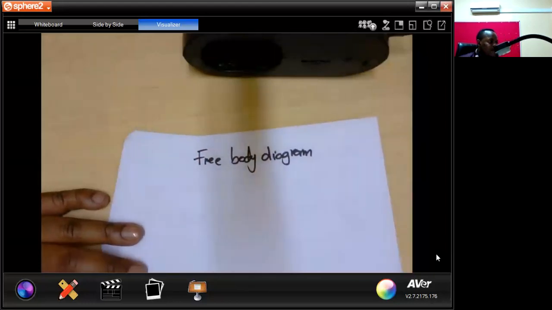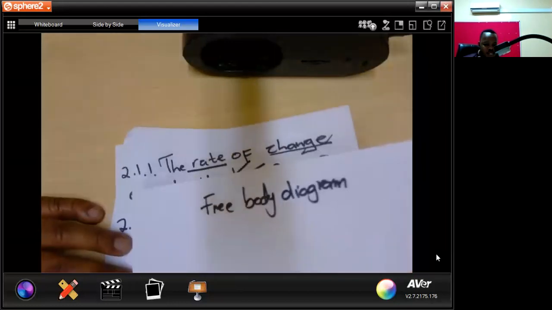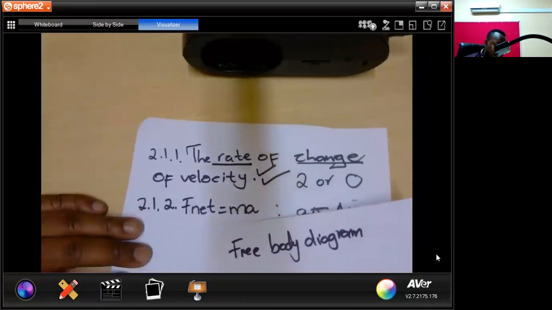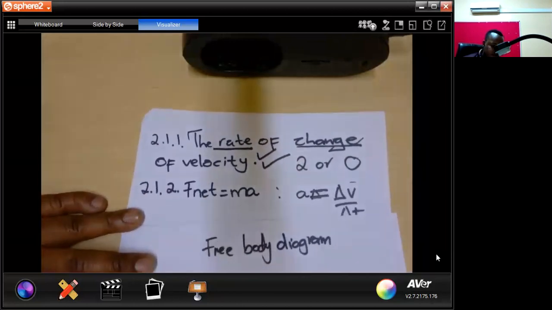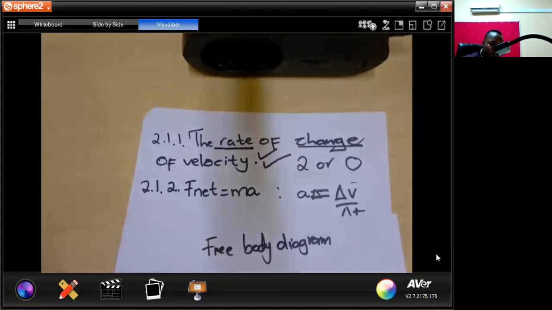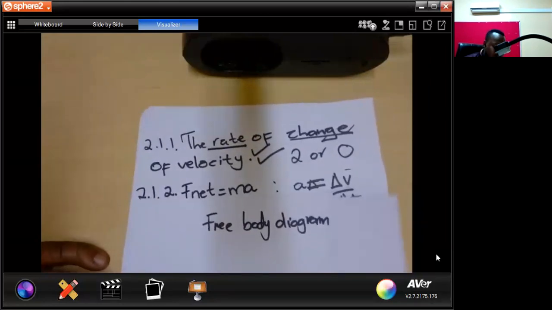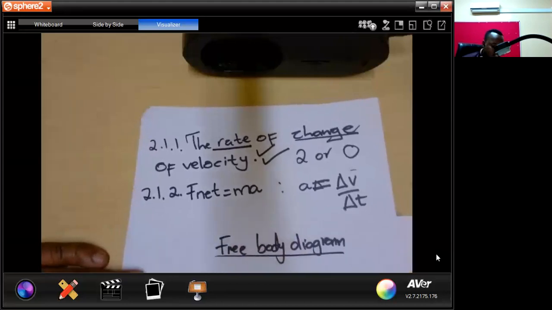Now, remember to calculate the net force: the net force is that single force that has the same effect as all the forces acting together on an object, right? And therefore, to calculate the net force, we take the sum of all the forces acting on the object, and we actually take the vector sum because we need to take direction into consideration.